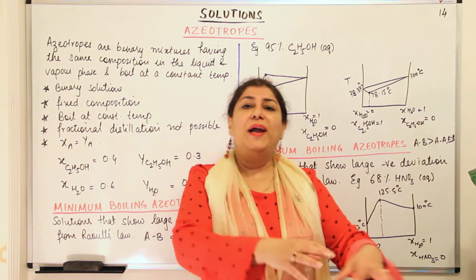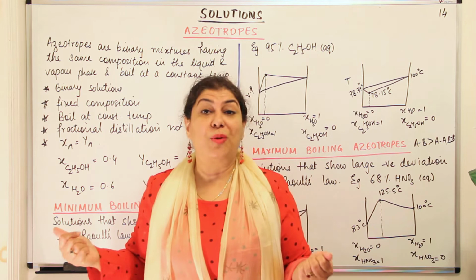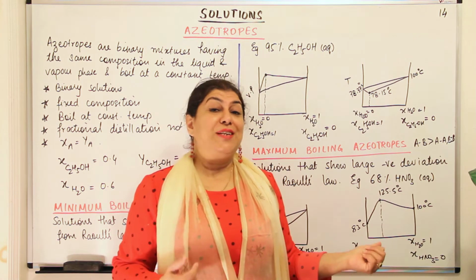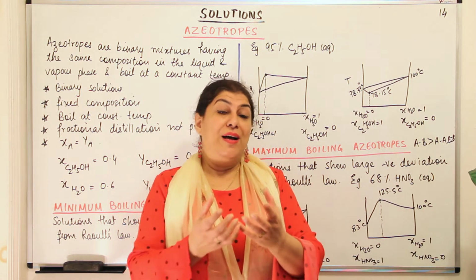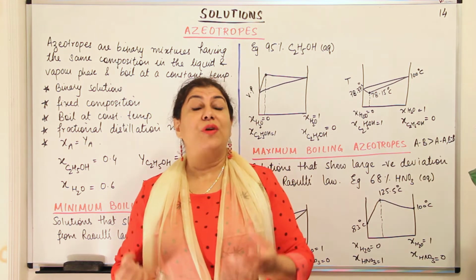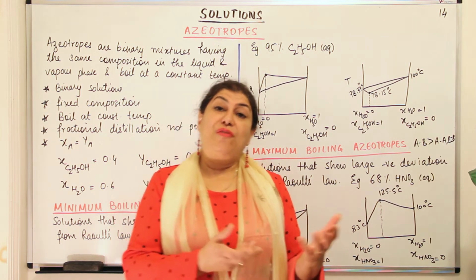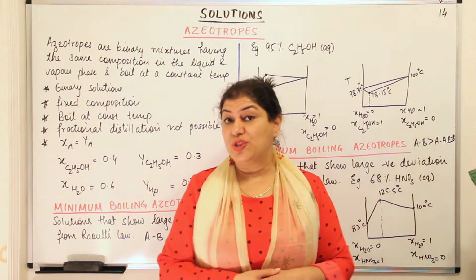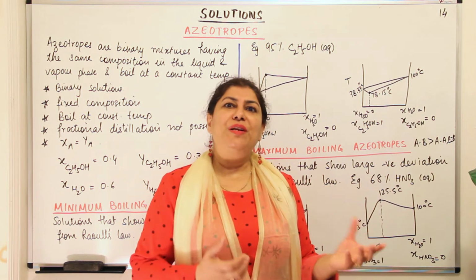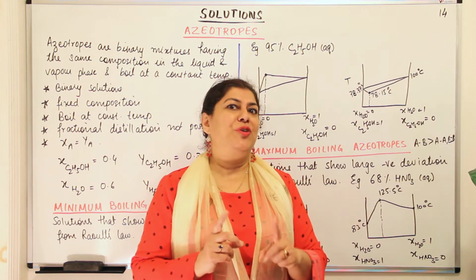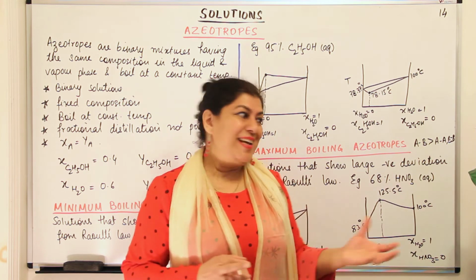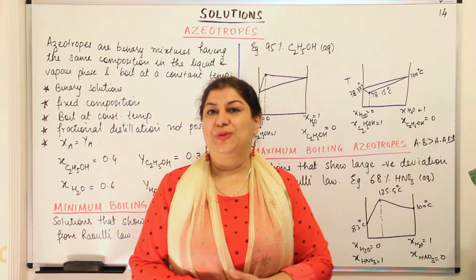All you have to do is boil. You're using heat to separate out components, but you cannot use that. So it becomes a menace when you're trying to separate out, or purify substances from their aqueous solutions or from their solution states. But it can be beneficial when you want the mixture not to be separated. In that state, making an azeotrope helps you.